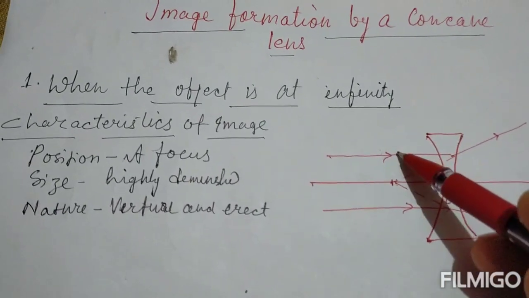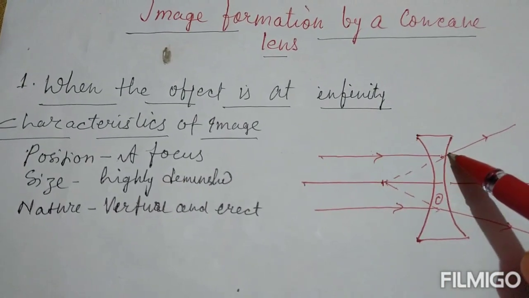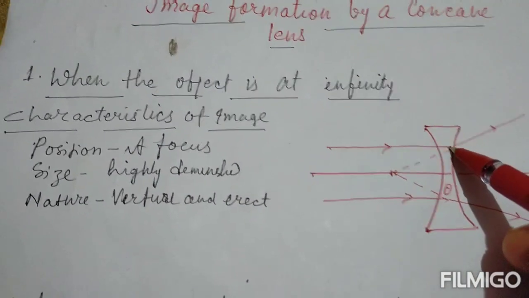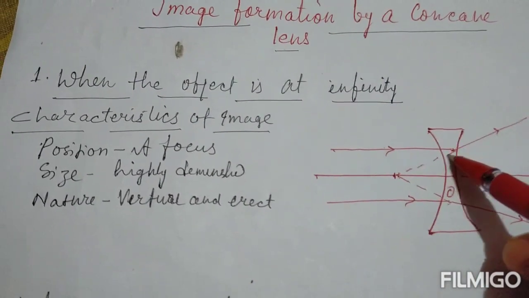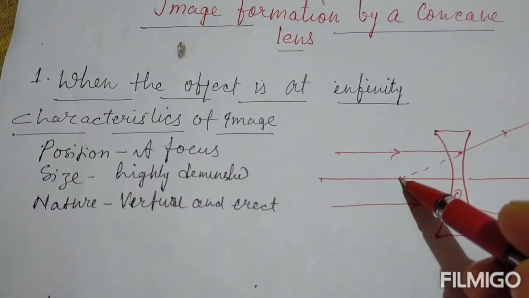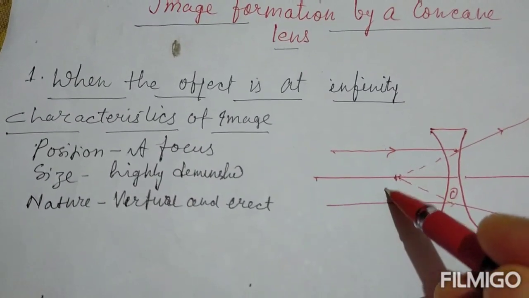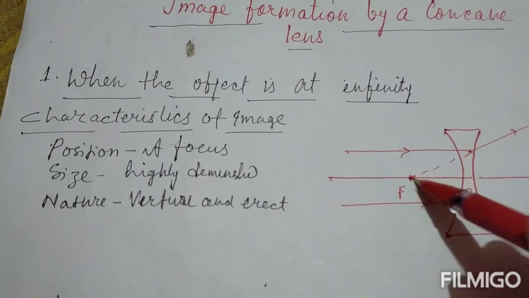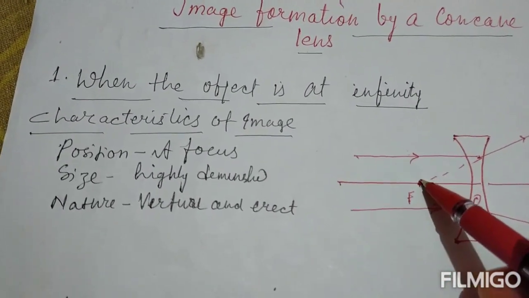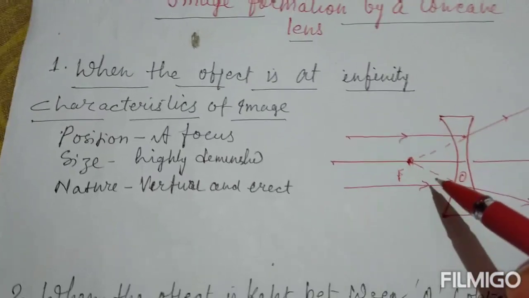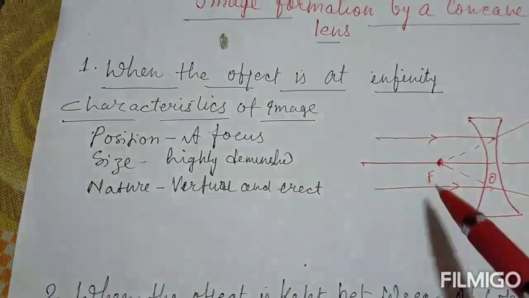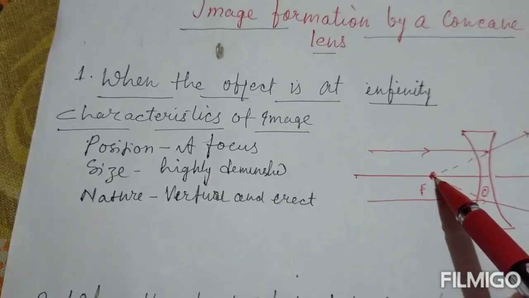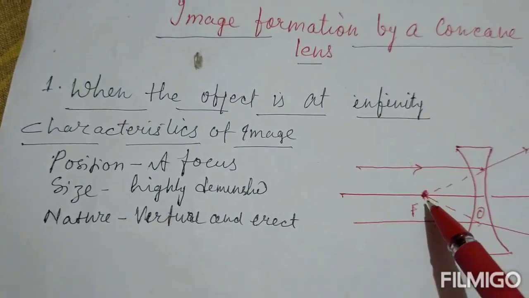These rays fall on the lens and are refracted, but when we produce the line backward, it appears to meet at a point, it appears to meet at focus. So this is the place where the image is formed. What will be the position? Position will be at focus, size highly diminished, that is point size, and nature virtual and erect.